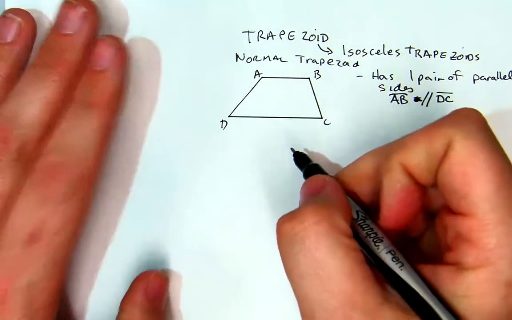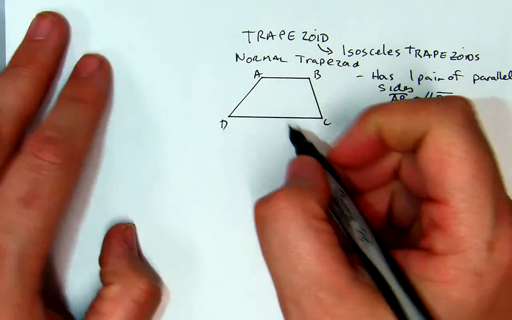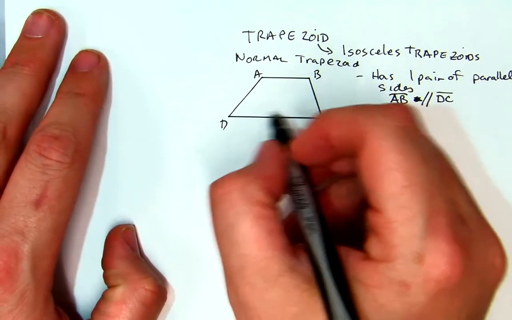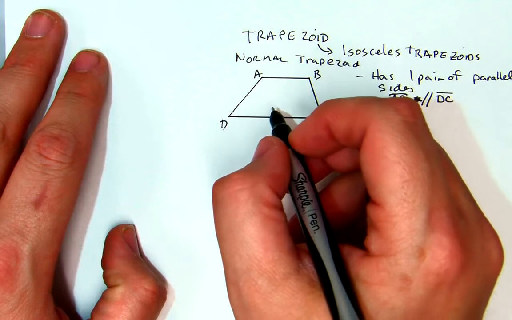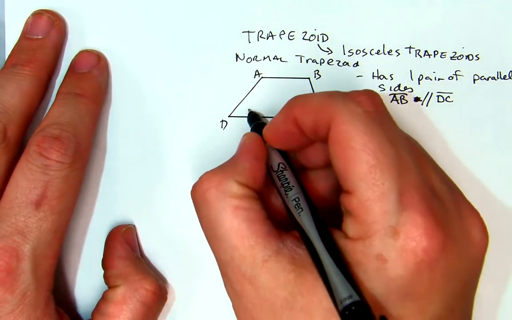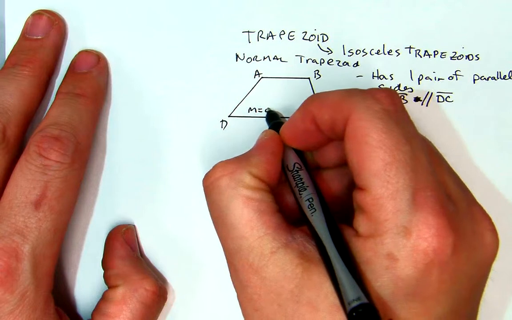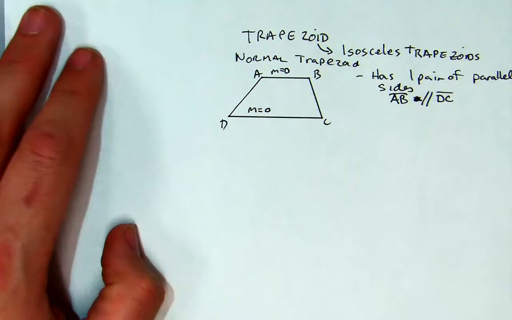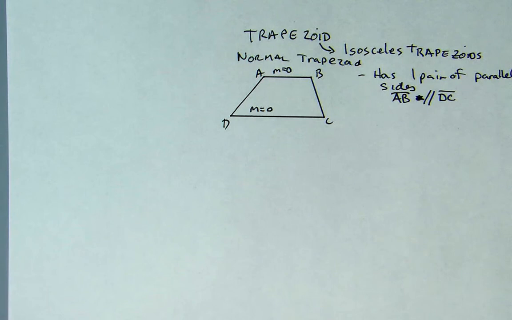And a lot of times when you draw the trapezoid, what would be the slopes here? 1, 0, undefined? They're both 0 because they're horizontal. Because horizontal segments have 0 slopes.